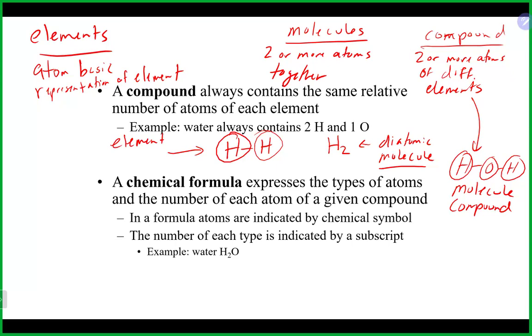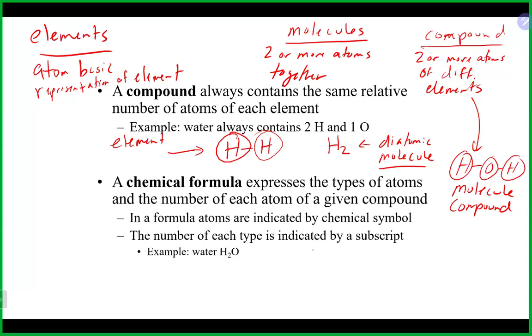So when we do have a compound, regardless of where we get it from, it should always have the same relative numbers of each of those things. And one of the ways that we represent a molecule or a compound is with a chemical formula. In a chemical formula, we use the symbols and a subscript to represent how many atoms of each of those are present.